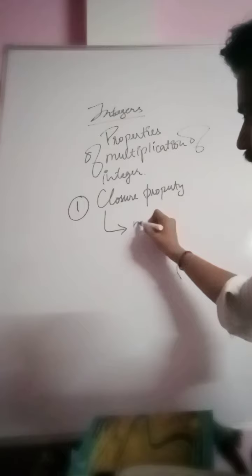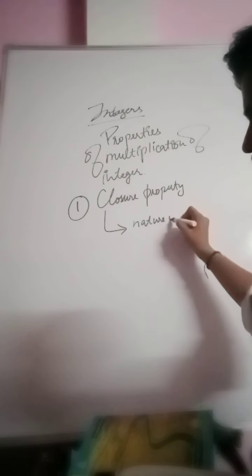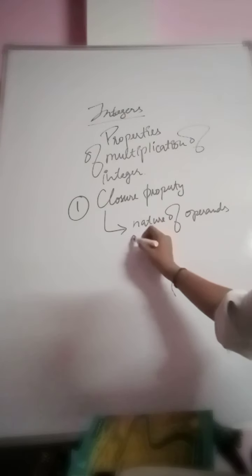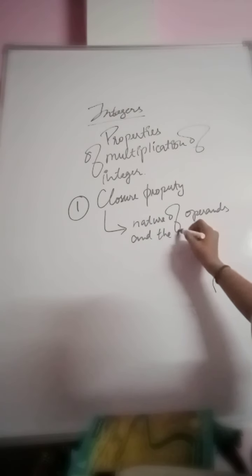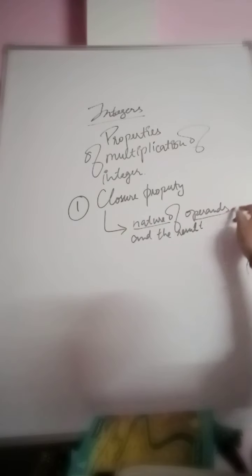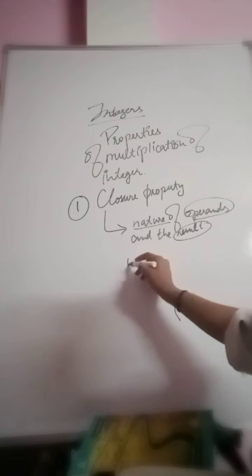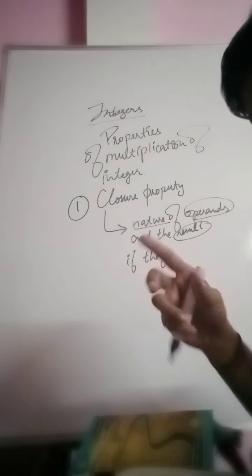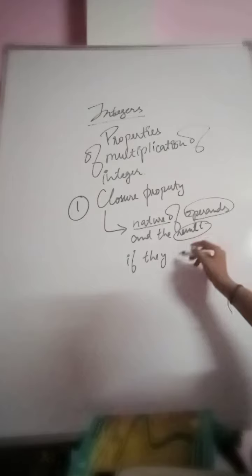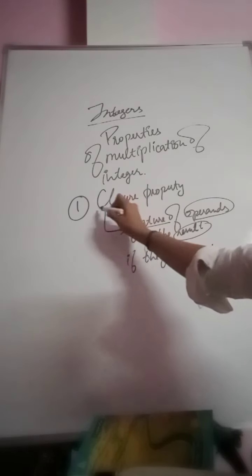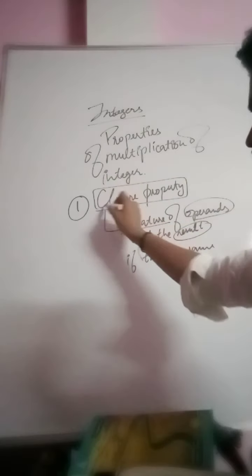We see the nature of the operands and the result. You see the nature of operands and the result. If they are the same, meaning the nature of operands and result are the same, then closure property will exist.